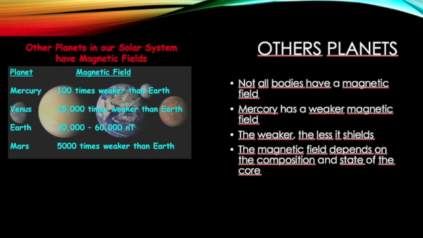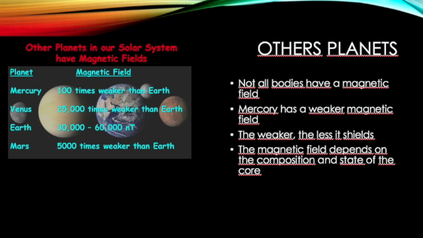Because imagine if the coronal mass ejection can go even a little through the Earth's magnetic field, how will it be possible for Mercury, which has an almost 100 times weaker magnetic field than Earth, to defend itself against such a powerful outburst?